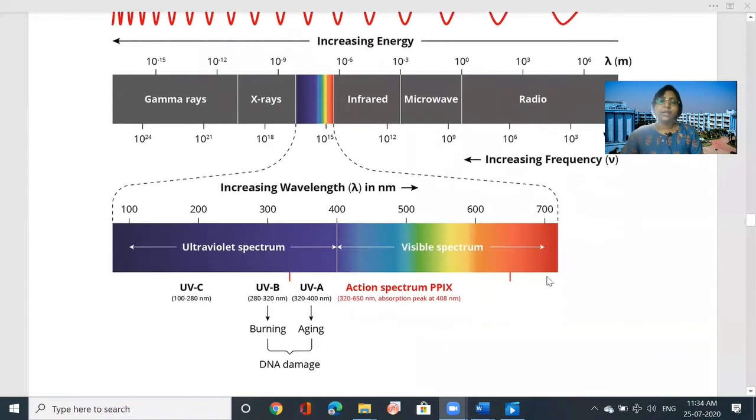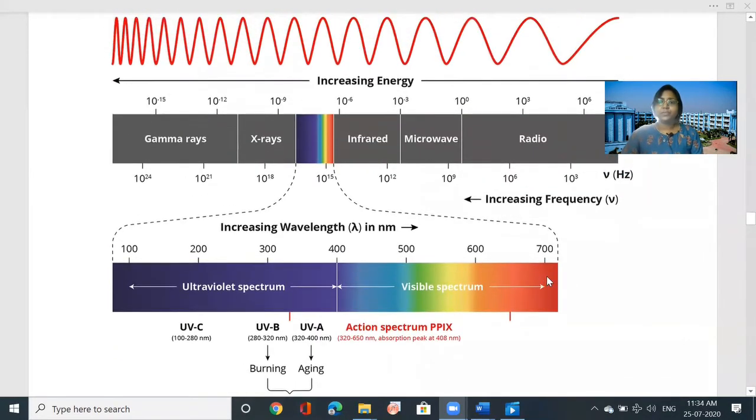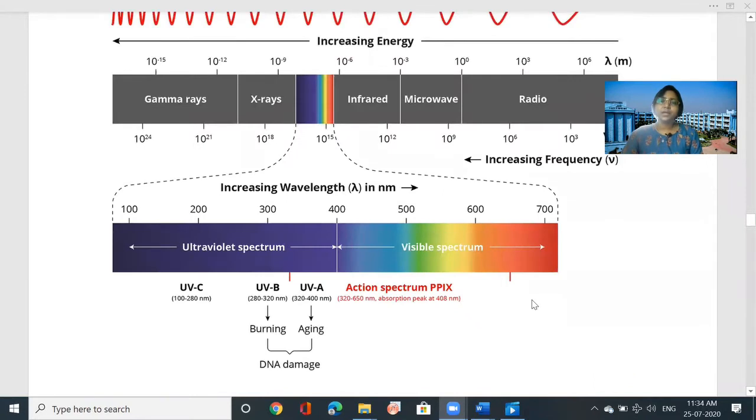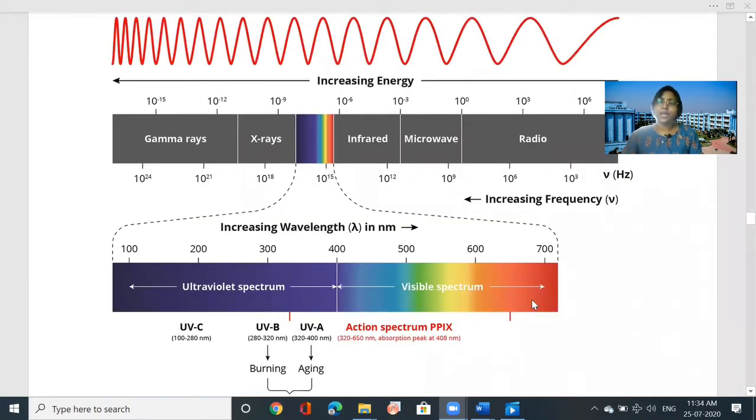One example I would like to give you is the greenhouse effect. What happens in the greenhouse effect? The incoming solar radiation can penetrate the atmosphere. You know that in the atmosphere there are different gases like oxygen, carbon dioxide, nitrogen, methane.